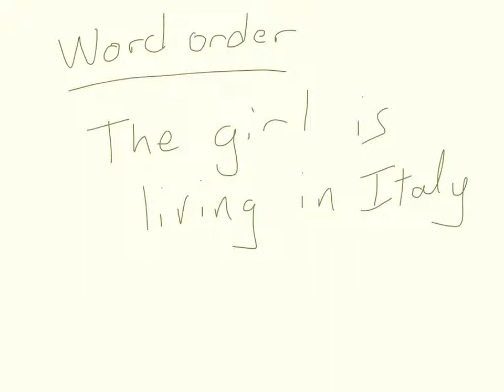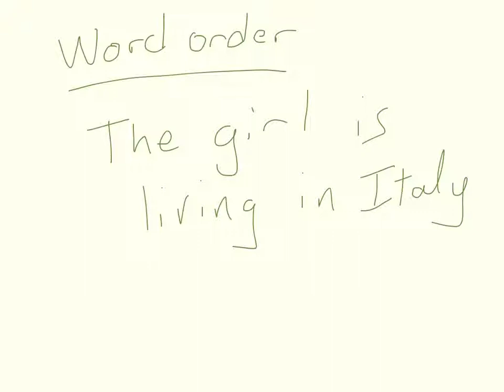We can mix them up and still get the meaning: In Italy, the girl is living. The girl in Italy is living. Maybe we could say, is living the girl in Italy. Is living in Italy the girl. You get the meaning, but they don't make as much intuitive sense to you as the girl is living in Italy.